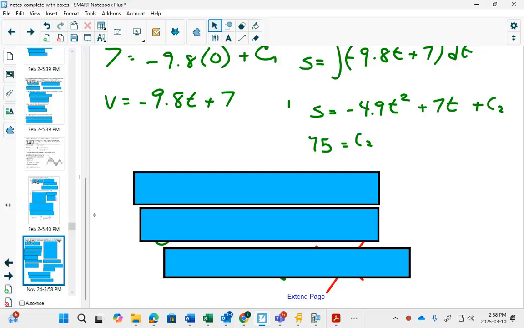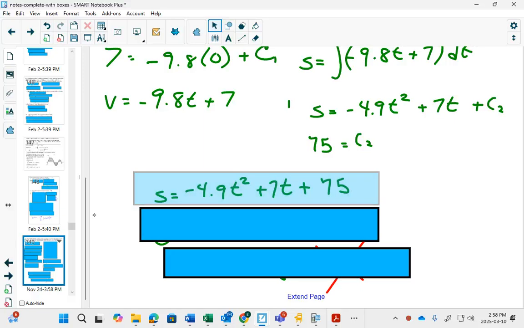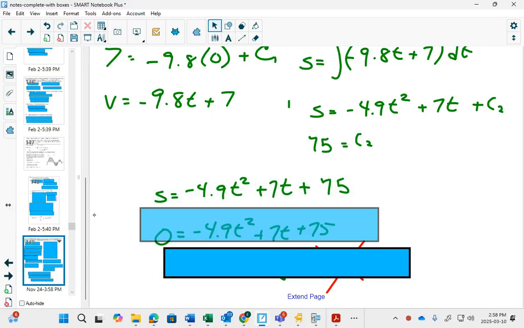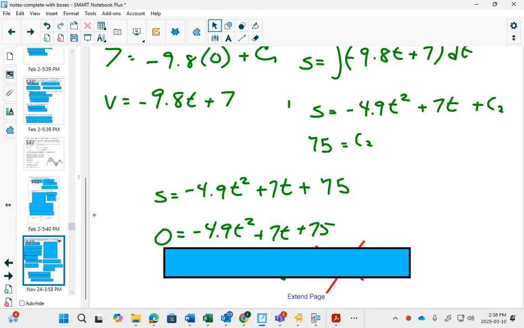Is it telling us a displacement, a velocity, or an acceleration? It's telling us a displacement. So I go to my displacement formula, and I can plug in 0 for s. And now I just have to solve this equation.